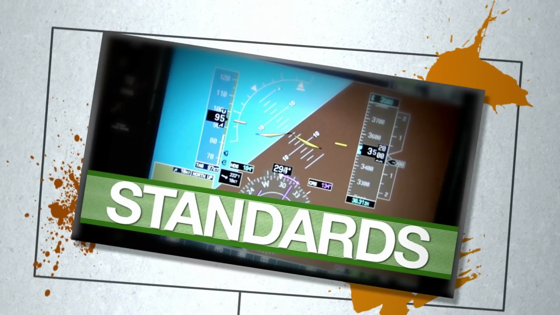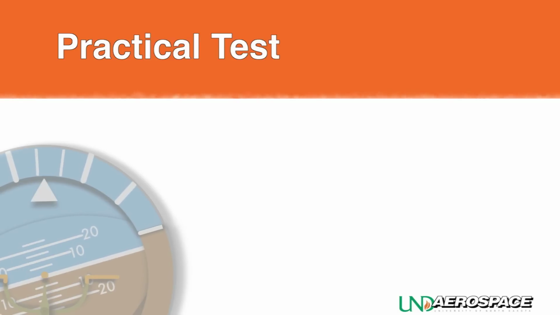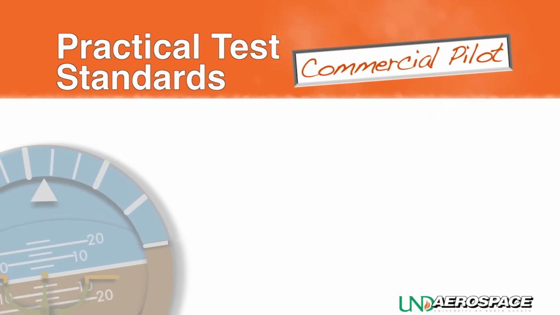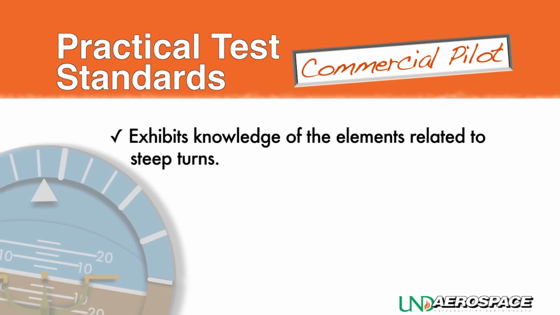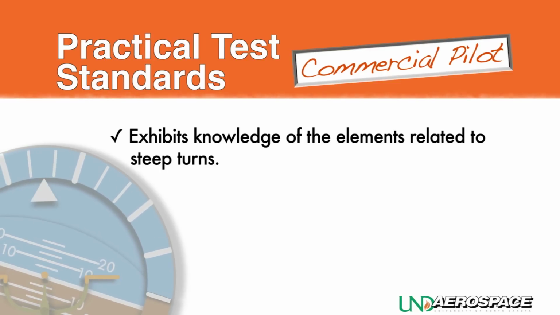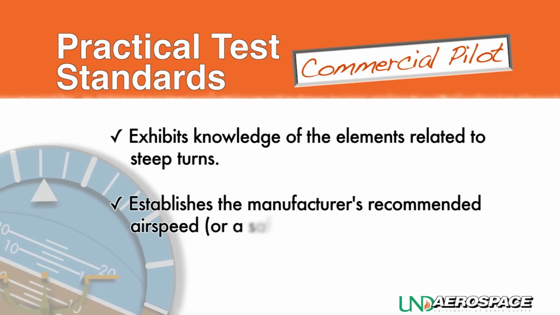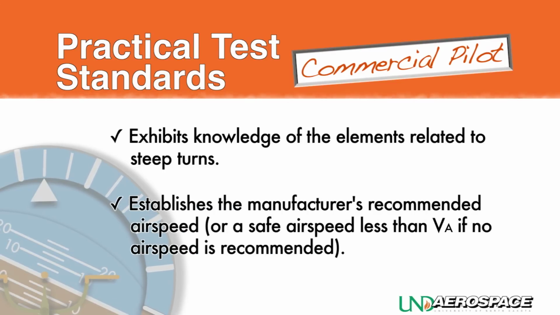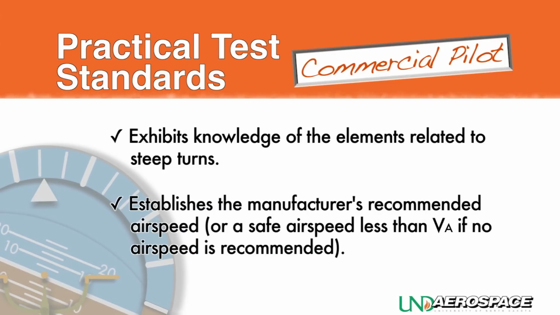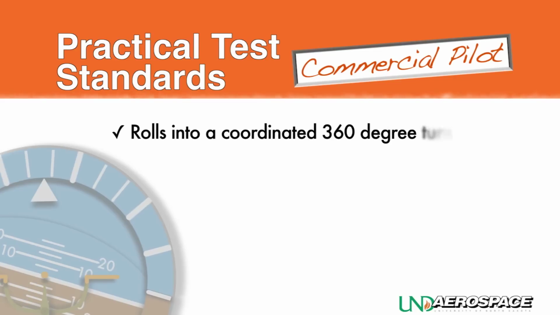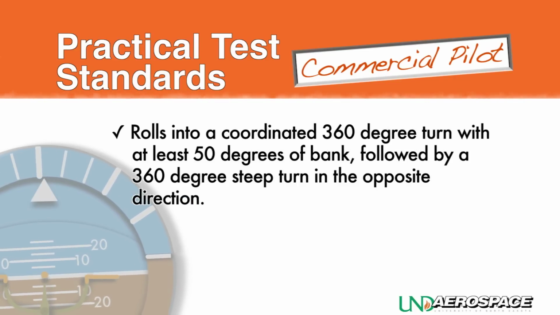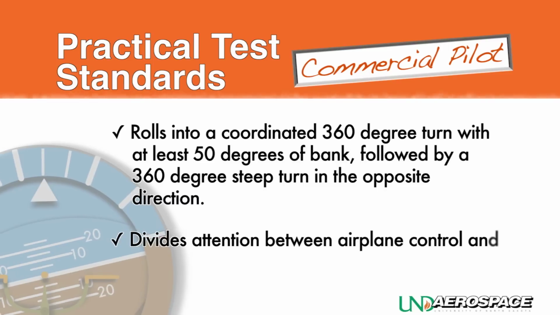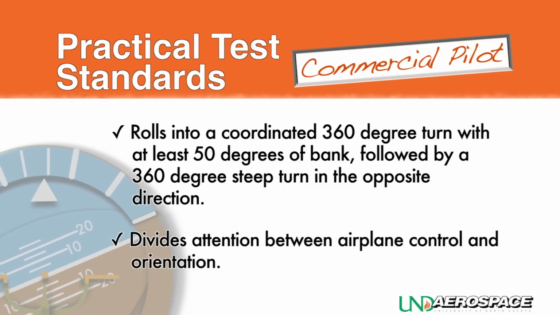Successfully completing commercial steep turns means demonstrating the knowledge and skill level outlined in the Commercial Pilot PTS. This includes exhibiting knowledge of the elements related to steep turns, establishing the manufacturer's recommended airspeed or a safe airspeed less than VA if no airspeed is recommended, rolling into a coordinated 360-degree turn with at least 50 degrees of bank, followed by a 360-degree steep turn in the opposite direction.